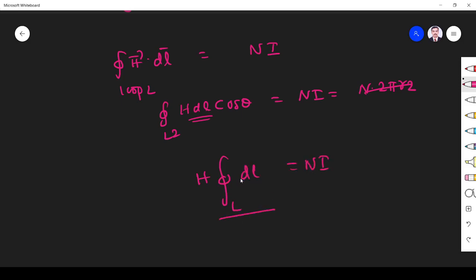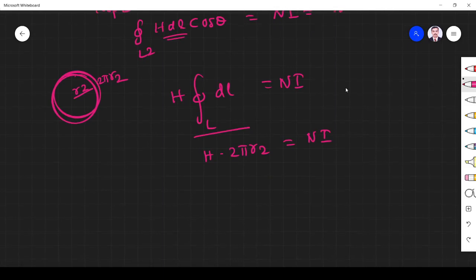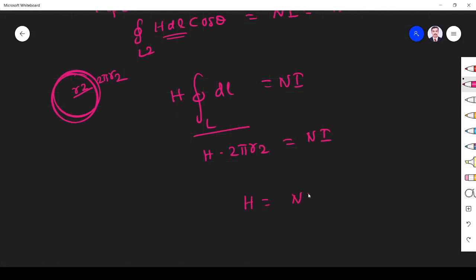The integral of dl is nothing but the length of our Amperian loop, the circumference, which is 2 pi R2. So H into the total length 2 pi R2 for our loop is equal to NI. So what is my H? H is equal to NI by 2 pi R2.